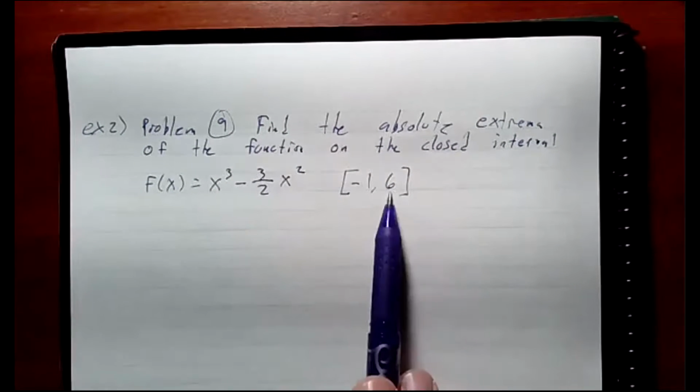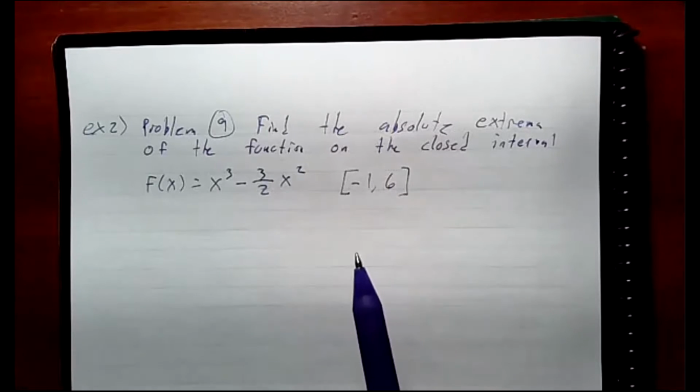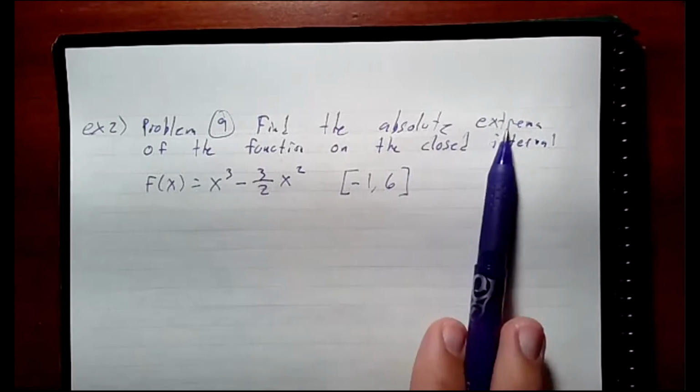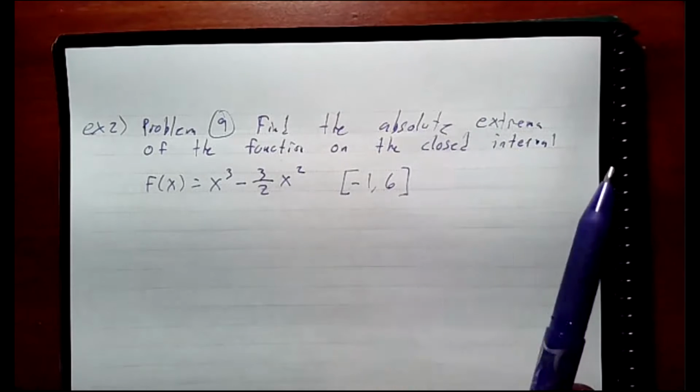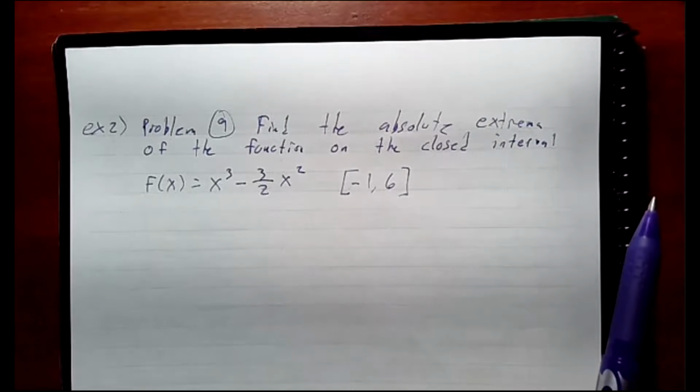So closed interval, it's closed on this interval. So this function only exists from -1 to 6. After that, we don't care. And when they say the words absolute extremum, that means maximum or minimum, the biggest and the smallest values, right?